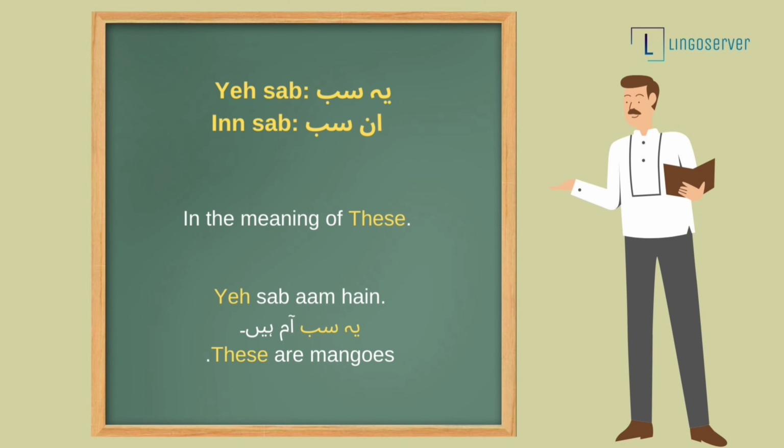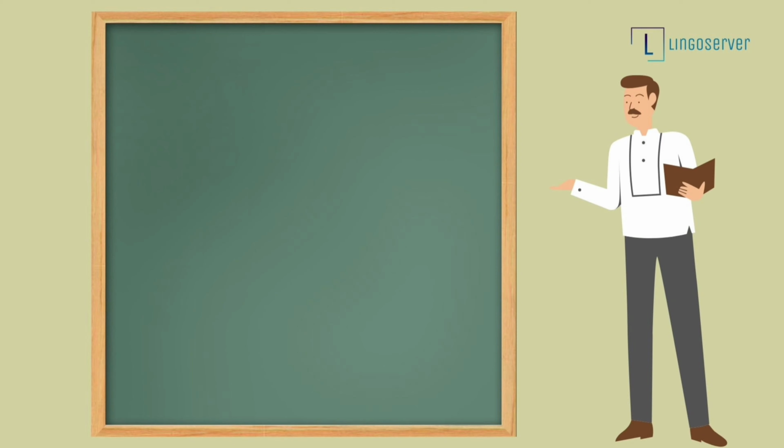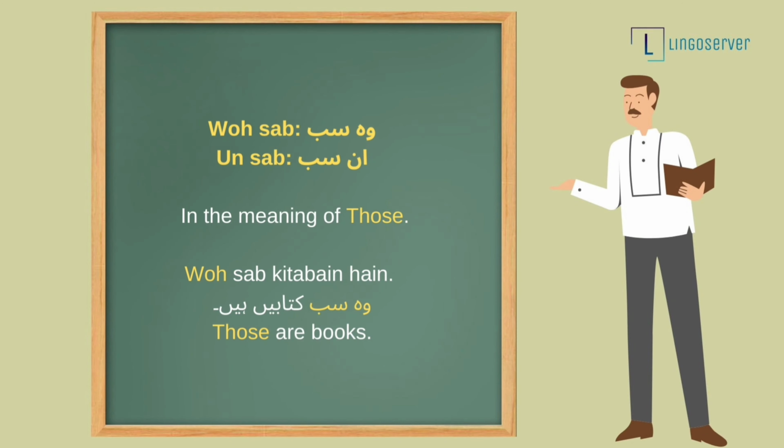We will learn about this in coming lessons as well. उन सब, वो सब. These are used in the meaning of those. वो सब किताबें हैं. Those are books. There are some rules to use वो सब and उन सब. We will learn about this in coming lessons as well.